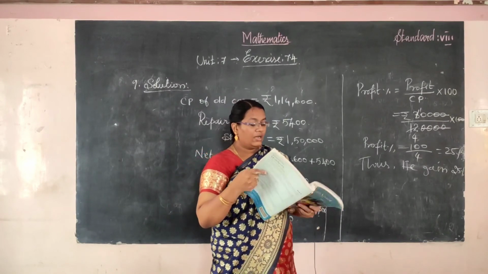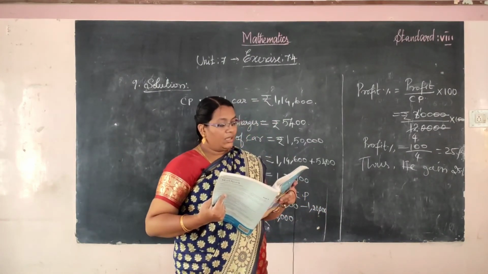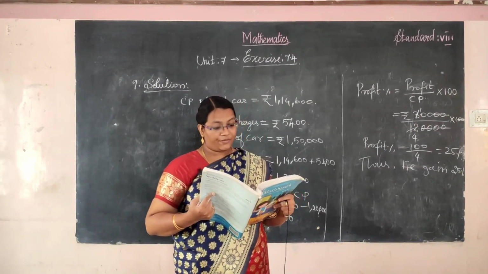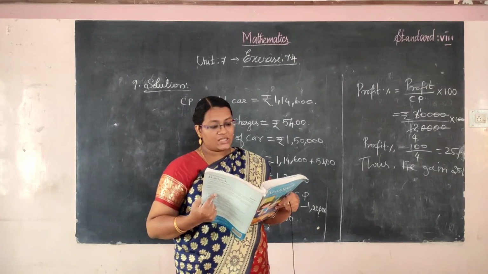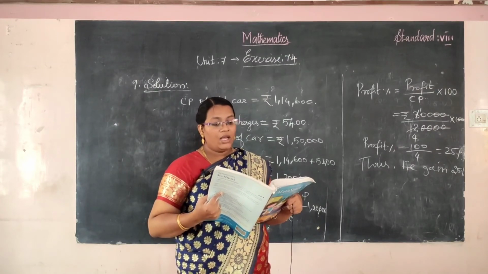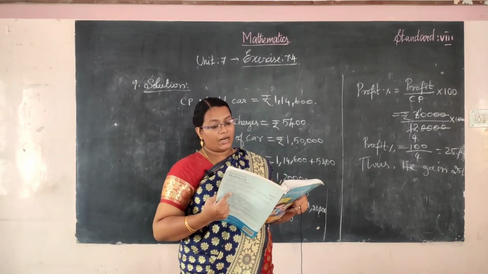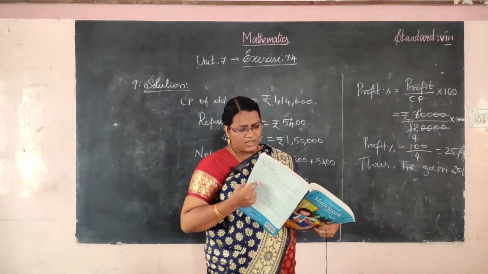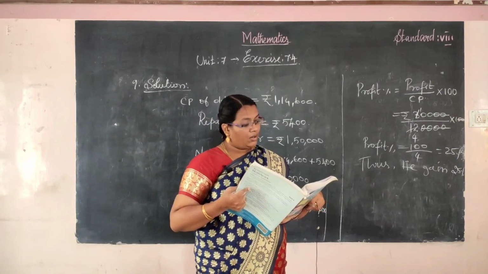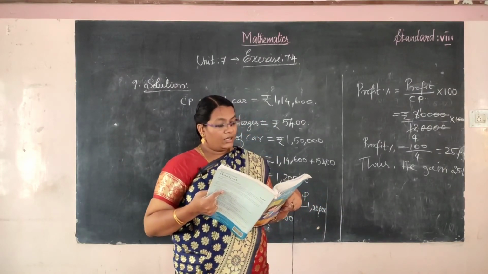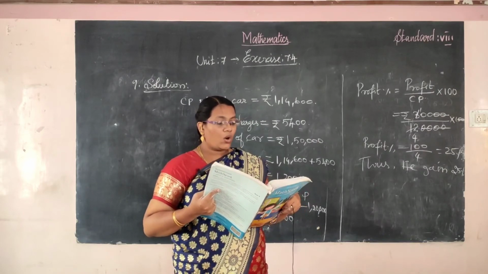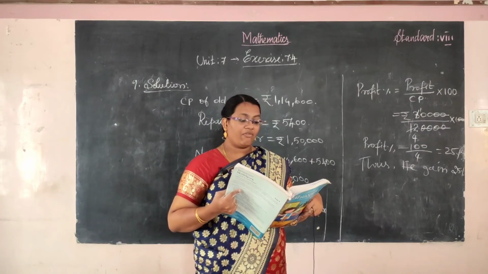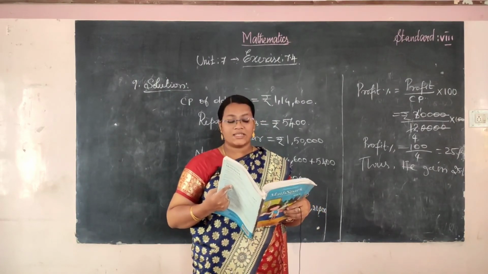And next one. Rama bought an old wrist watch for rupees 875. She spent rupees 150 on its repair and rupees 175 on its polishing. She then sold it for rupees 1,500. Find the profit or loss percentage.